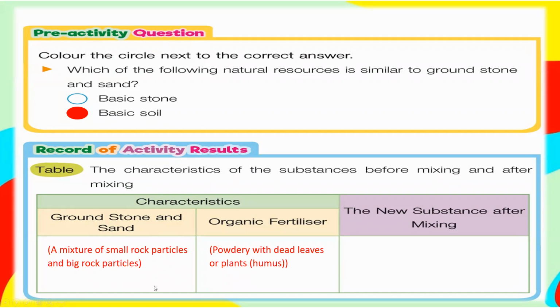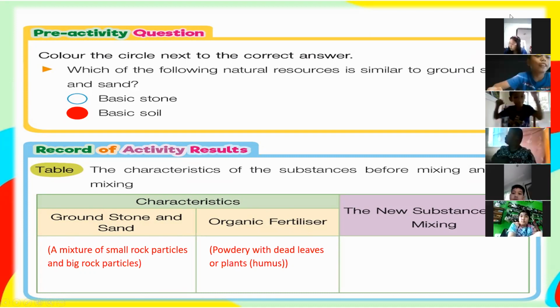This is what we call humus. Okay, so the organic fertilizer will be powdery, with dead leaves or plants. All right, students, you understand that? The characteristics of ground stones and sand, organic fertilizer. Did you get that, students?